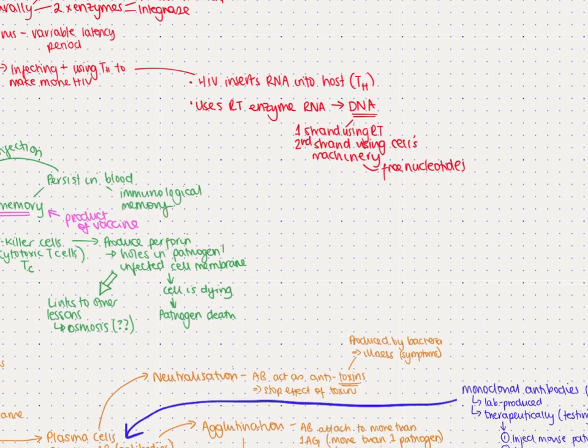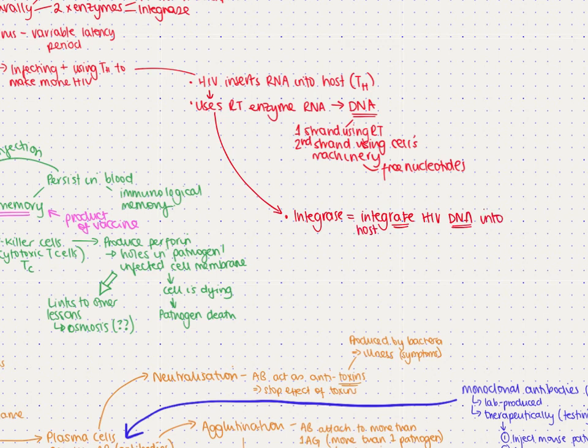So once we've got that reverse transcriptase enzyme taking the RNA to DNA, so I'll just draw little arrows there just so we can see where we're going. Integrase is then going to integrate the HIV DNA now into the host.